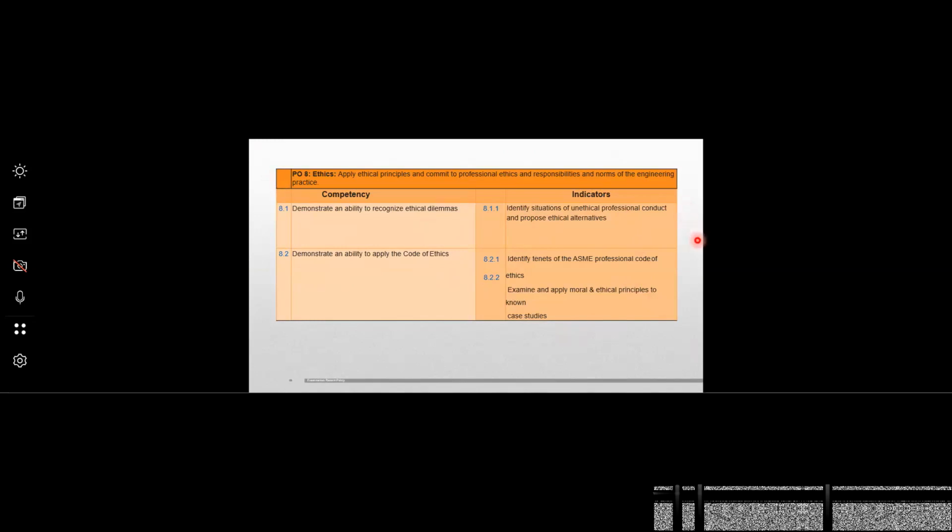You already know what are the program outcomes, and only thing is you need to write down the competencies and the indicators. If you are able to write down these two, competency and indicators corresponding to that particular program outcome, okay, then it is very easy for us to map the COs and POs. Right? Next slide, please.